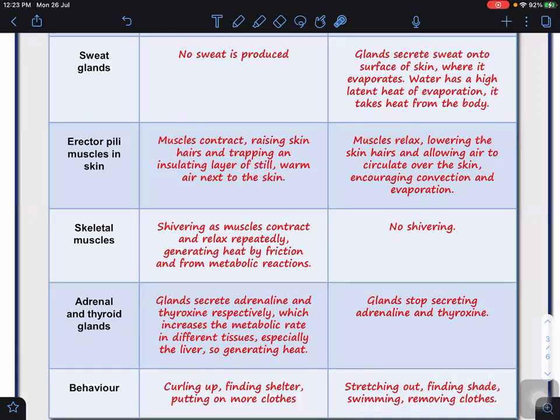Are you clear? Okay, but in response to high body temperature, the sweat gland now secretes the sweat onto the surface of the skin where the water is going to be evaporated. Because we do know that water has a high latent heat of evaporation due to this hydrogen bond.